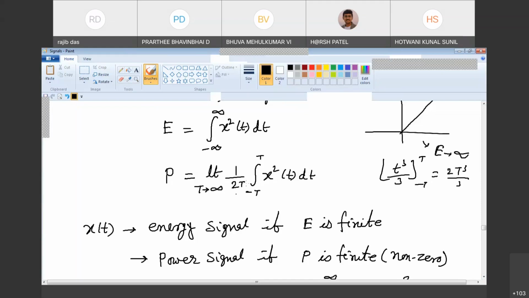Now, if you divide by 2t, one t will cancel out and 2 cancels out. So it is t squared by 3. And if you put the limit t tends to infinity, its value will become infinite. So E is infinite as well as power is also infinite. So it is neither an energy signal nor a power signal.